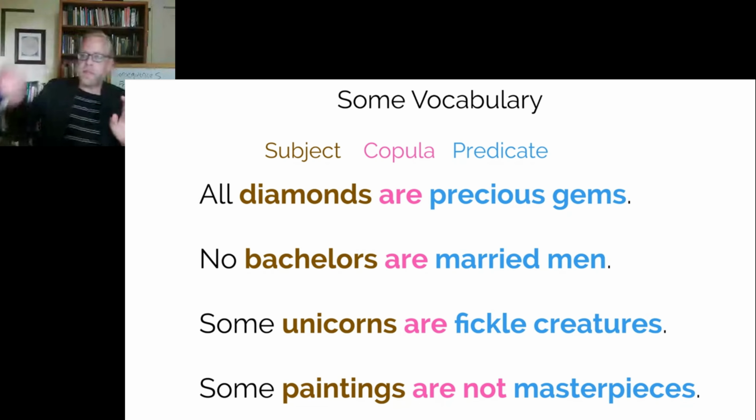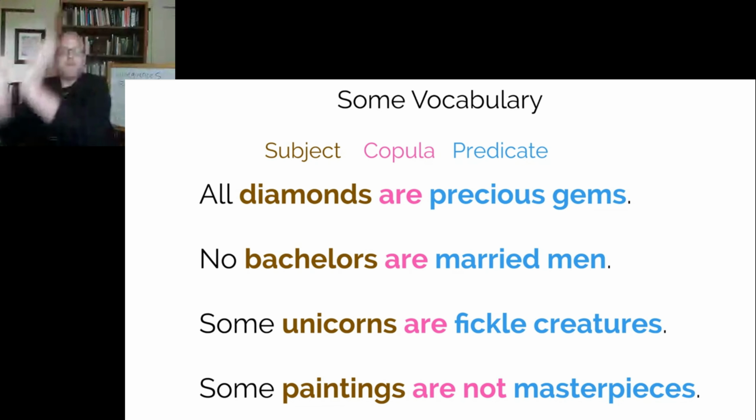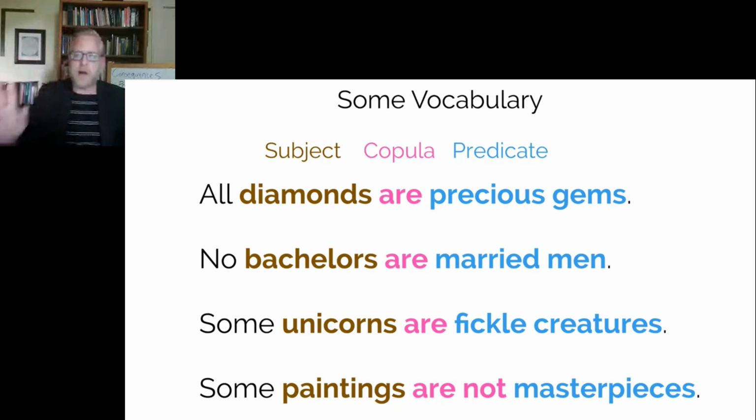And then there's the predicates, and both of those are categories of things. So both of those will be circles. So all diamonds, that's one category of things. Are precious gems, that's another category of things. And then the are and are not is just sort of like what joins them. It's like a conjunction type of a thing. You don't need to worry too much about the copula. What we really are focused on is the subject and the predicates. Okay?